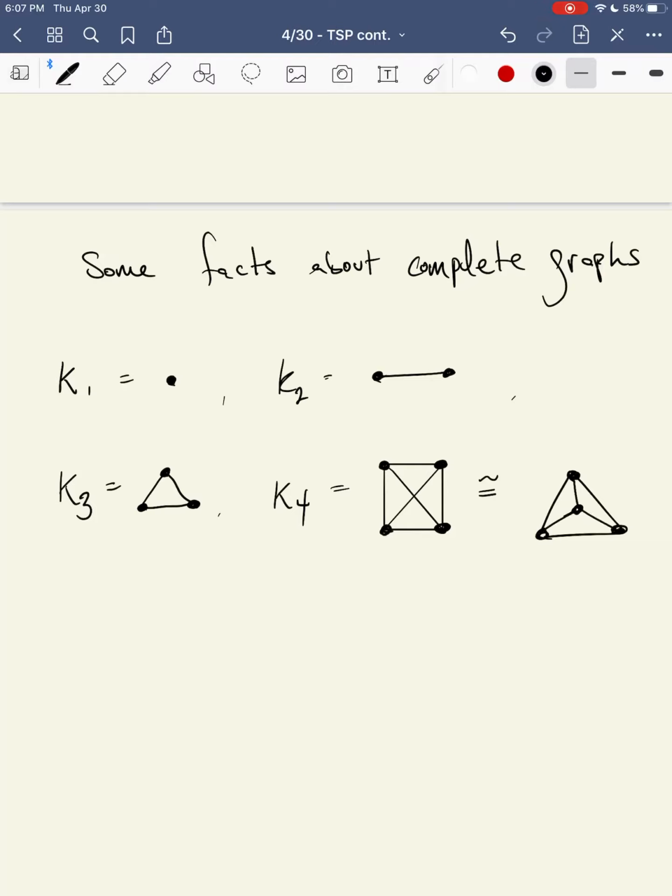And I was just thinking about this last night. What's cool about this graph is, look at this. If we draw some axes, in one dimension, and here's 0 and here's 1, then what we get is a K2.